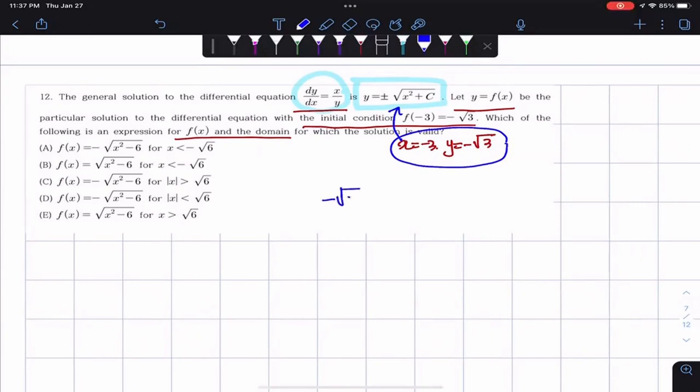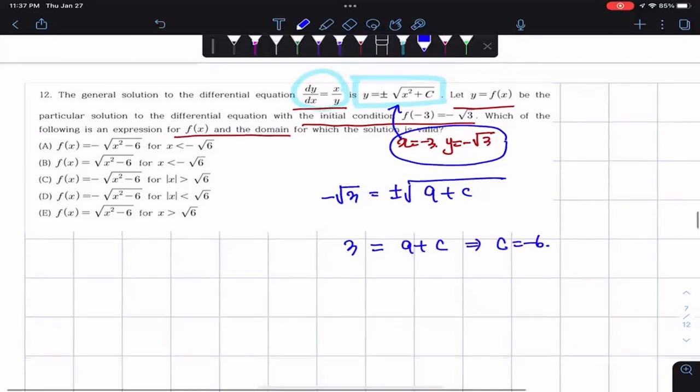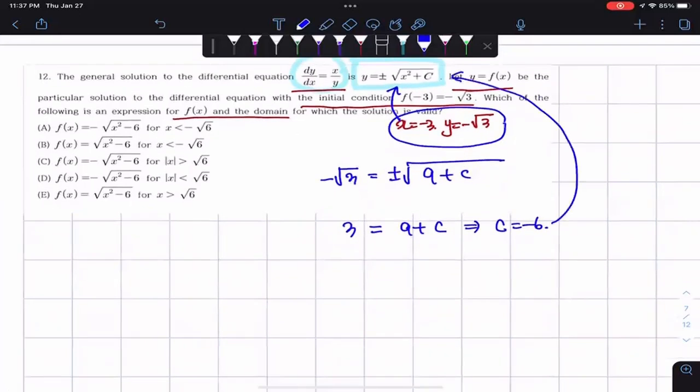So minus the square root of 3 equals plus or minus the square root of 9 plus c. Apply the square on both sides of this equation. 3 equals 9 plus c. So c equals minus 6. Plug in this value into the above equation. y equals plus or minus the square root of x squared minus 6.